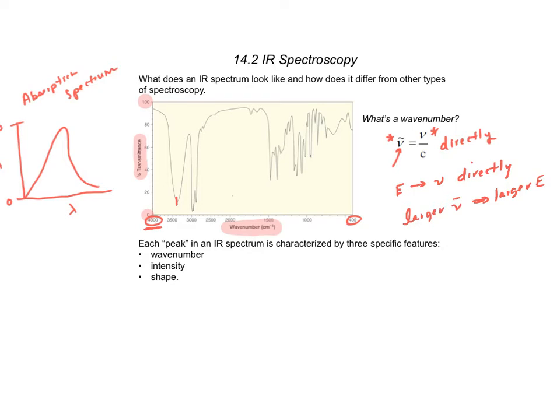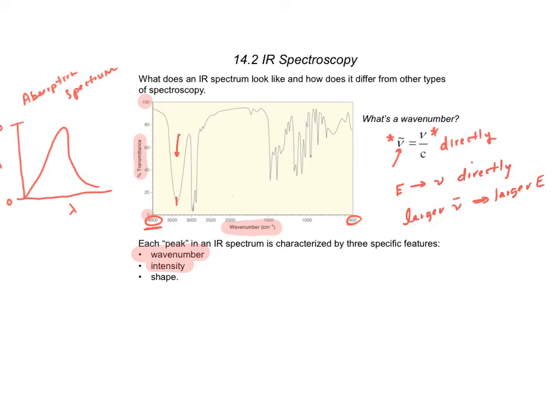So each peak is going to be characterized by three separate things. The first one is the wave number it's at, which is essentially the energy that it's at on our overall spectrum. The second is the intensity. So why is this guy so much deeper than something like this? That's what I'm implying by intensity.